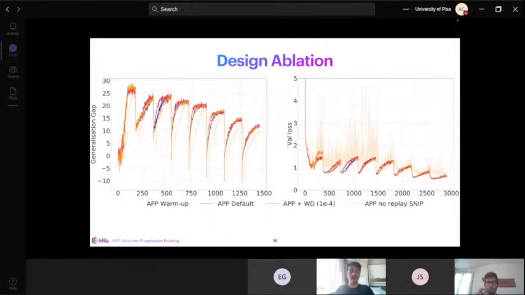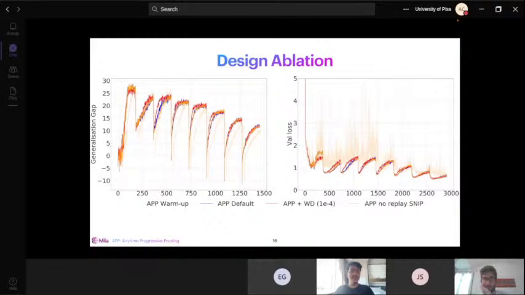We also tried APP where we train the whole model on the full stream and then prune it at the end. But unfortunately, that was very unstable, so it was not feasible to put it in the same graph, but we do experiment with the same.